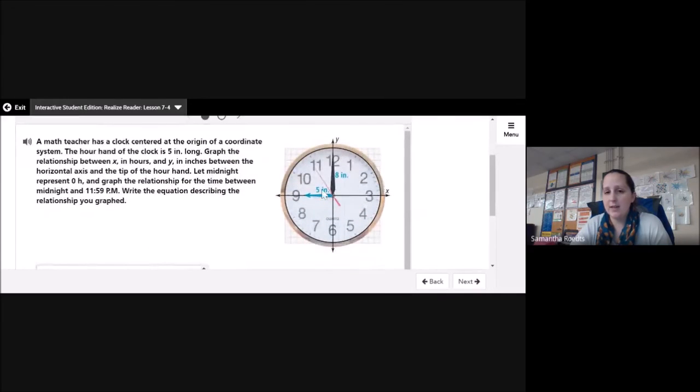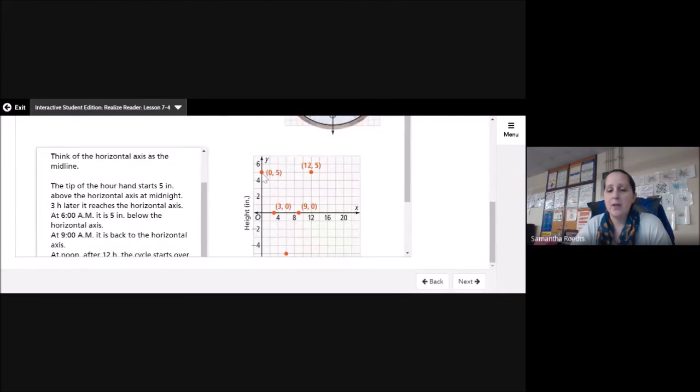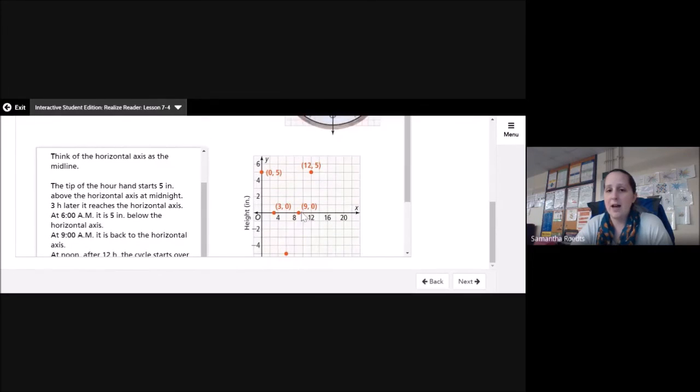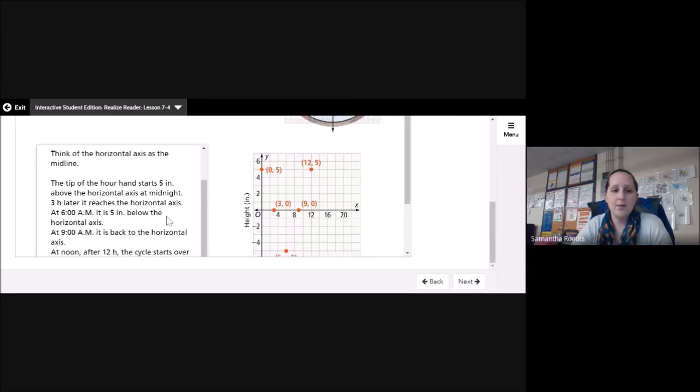If this were my midline, I start at 5, 3 would get me to 0, 6 would get me to -5, 9 would get me back to 0 again. So that's what I do: (0, 5), (3, 0), (6, -5), (9, 0), (12, 5).